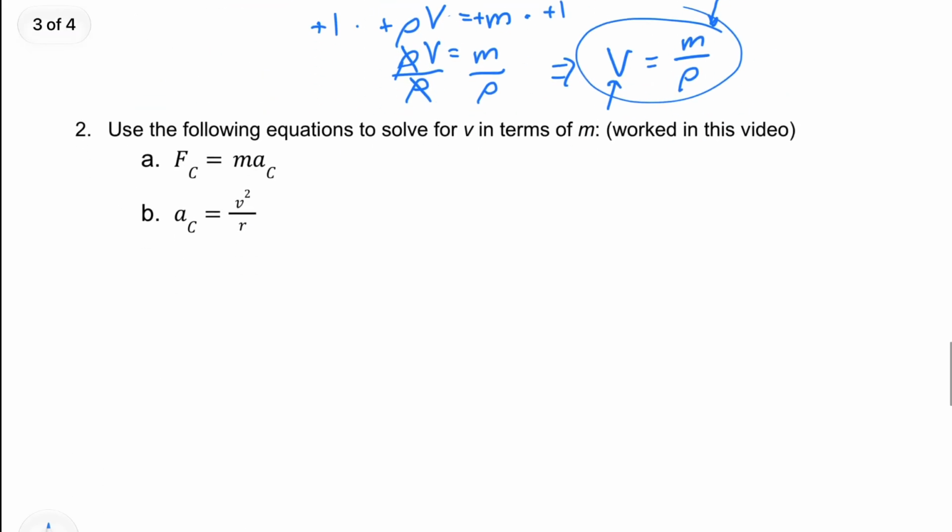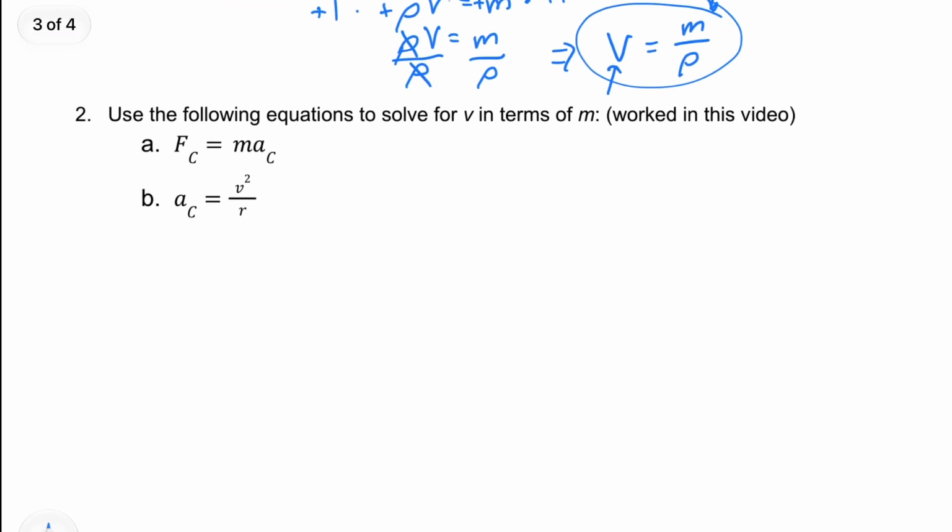So let's do the same thing with question number 2. We want to solve for v in terms of m. We've got our 2 equations right here, and we'll notice that a sub c is present in both of them, so we can make a nice clean substitution into that first equation.